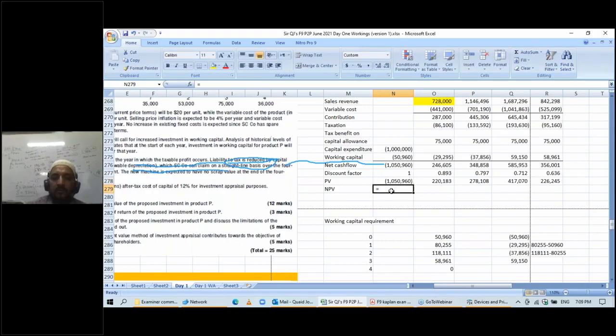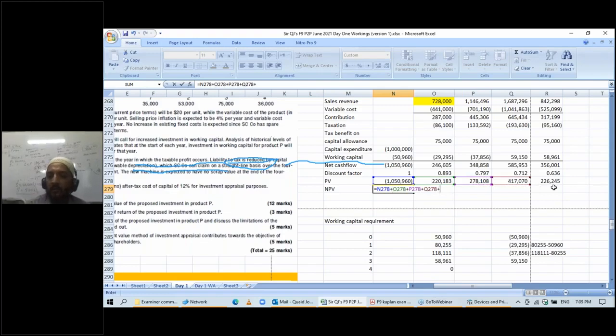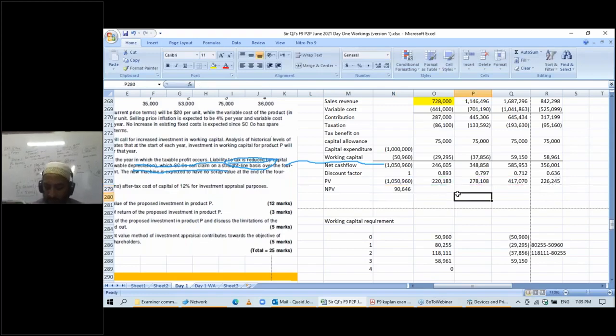So that's the calculation of NPV for this project of $1 million, and the NPV is positive 90,646. As the NPV of the project is positive, the project is worthwhile investing in.